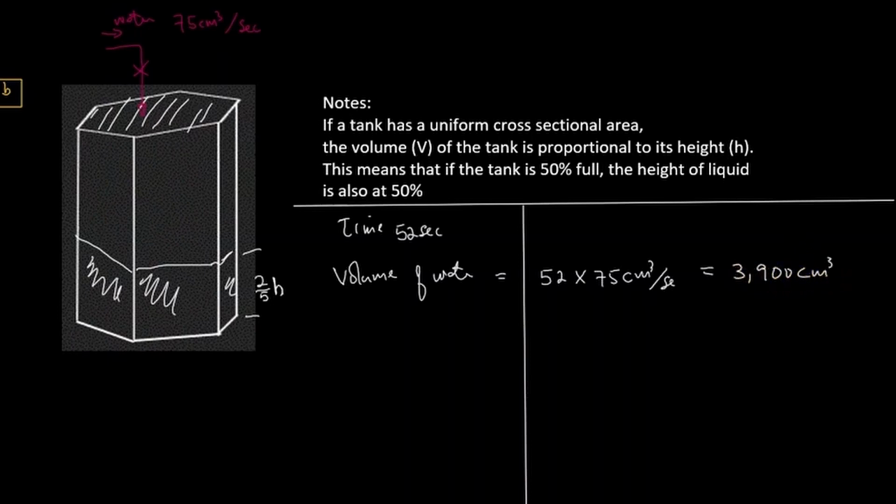So after 52 seconds, we have 3,900 centimeters cubed of water entering the tank, and because it is a tank of uniform cross-sectional area, we know that 3,900 centimeters cubed of water occupies 2/5 of the volume of the tank. So we could write that 2/5 of the volume of the tank is equal to 3,900 cm cubed. Why can I say this?